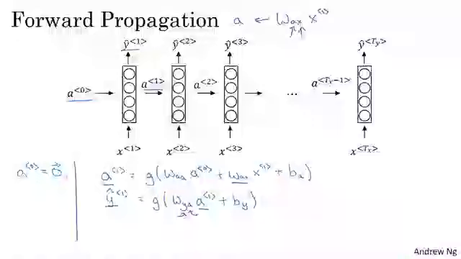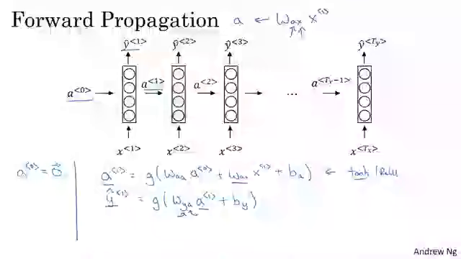The activation function used to compute the activations will often be a tanh in the choice of an RNN, and sometimes ReLUs are also used, but tanh is actually a pretty common choice, and we have other ways of preventing the vanishing gradient problem, which we'll talk about later this week.